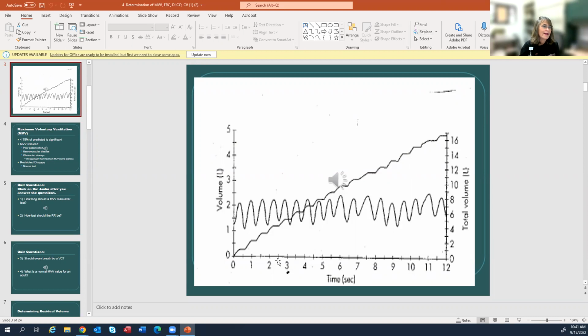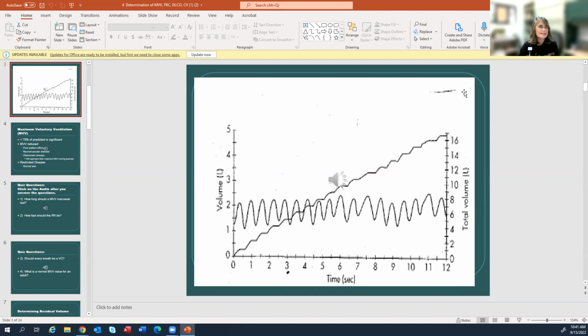And looking at this graph, that's what it's showing. Every time this goes up, they're breathing in, and when it goes down, they're exhaling. So they're breathing really fast for 12 seconds. And as they're breathing, the amount of volume that they're exhaling is being added together. So every time they exhale, the volume gets added. At the end of 12 seconds, we see that the volume is here on this picture.